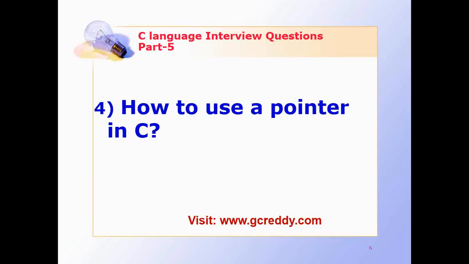How to use a pointer in C? A pointer can be used in two contexts. First, for accessing the address of the variable whose memory address the pointer stores. Consider the following code: char ch equals C; char star chptr equals ampersand ch.